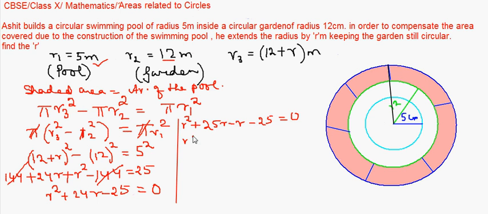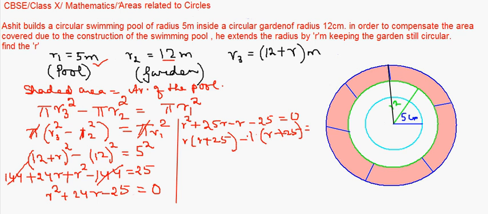I take r common from the first two terms and 1 common from the last two, so I'll be left with r plus 25 in both.